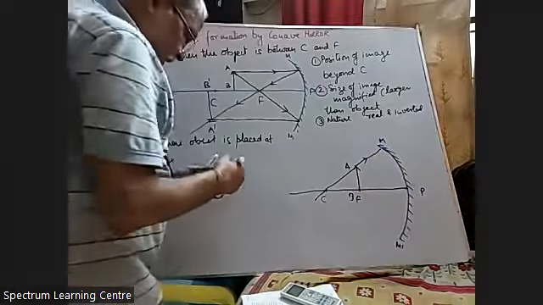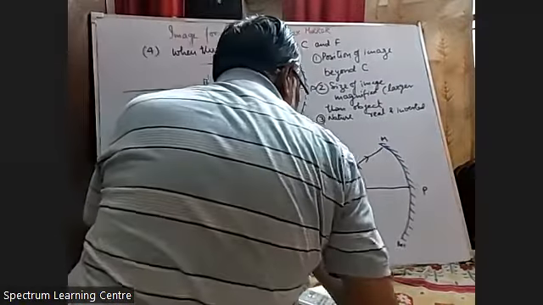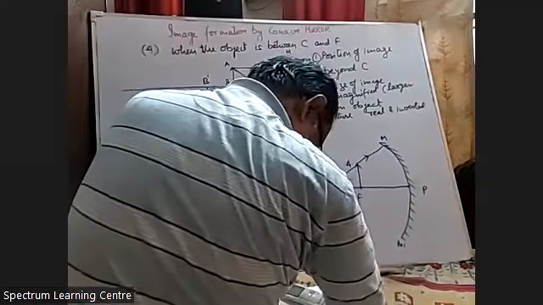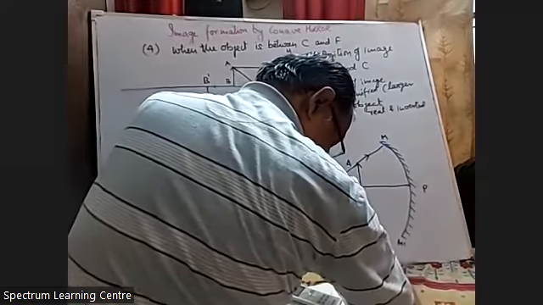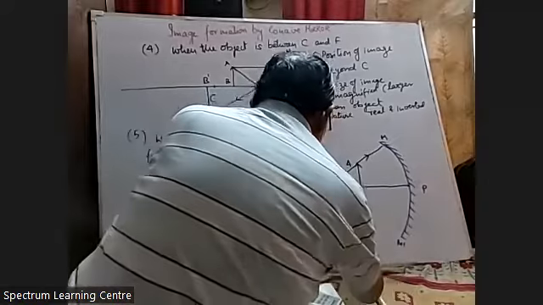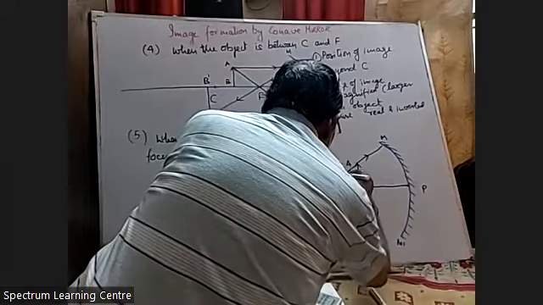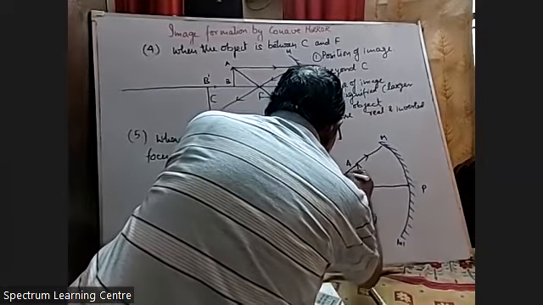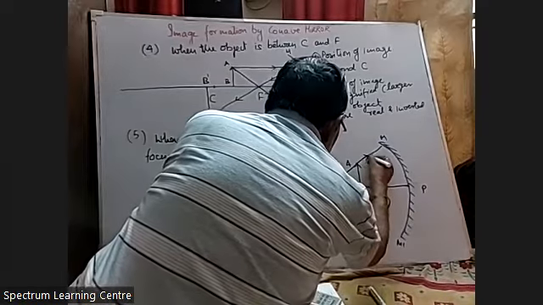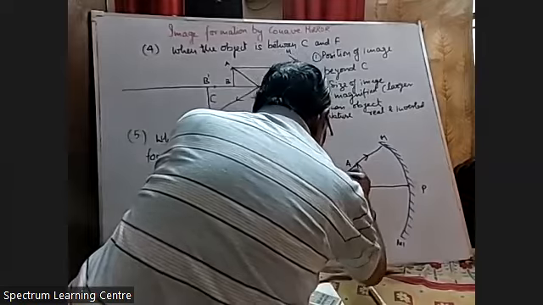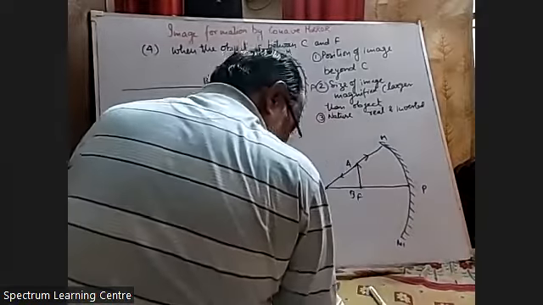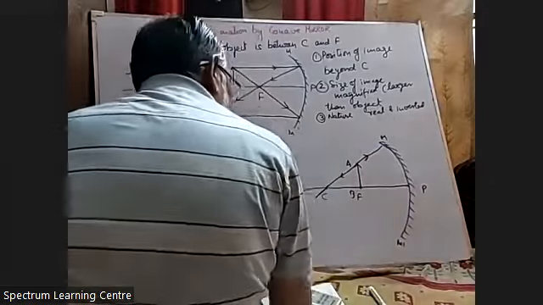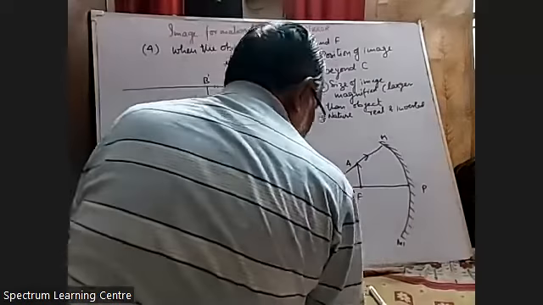A ray which passes through center of curvature gets what? Reflected along the same path.